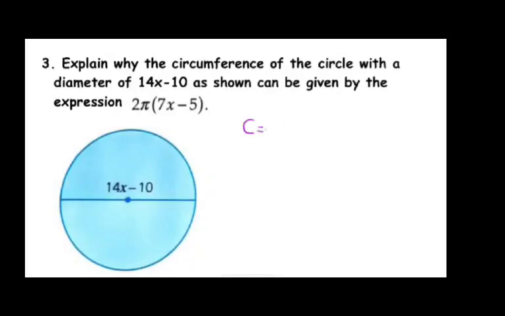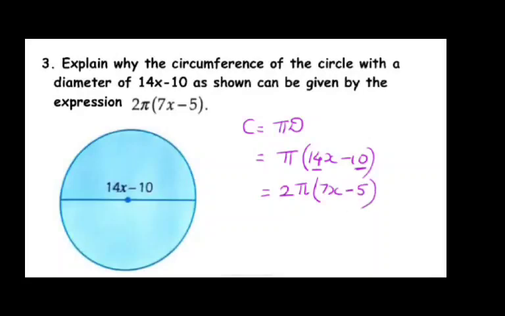Circumference is equal to pi d, correct? We have pi and d is 14x minus 10. We have 2 in common. So let's bring out the 2 pi, and inside we have 7x minus 5.